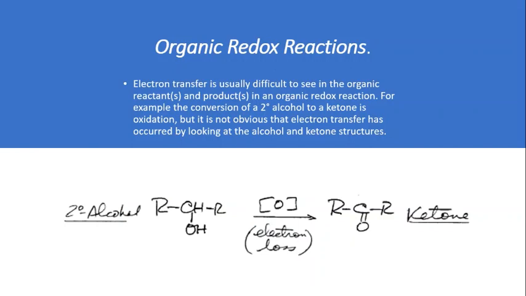There needs to be a reactant responsible for this oxidation. We call that reactant the oxidizing agent. Whatever chemical species is responsible for oxidizing another compound and is reduced itself, we call the oxidizing agent.